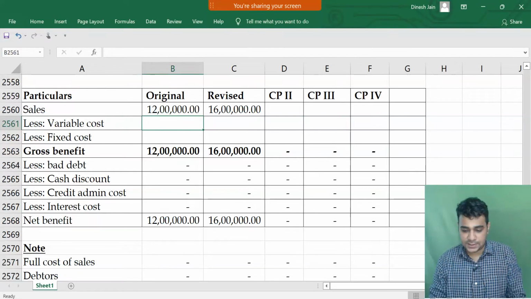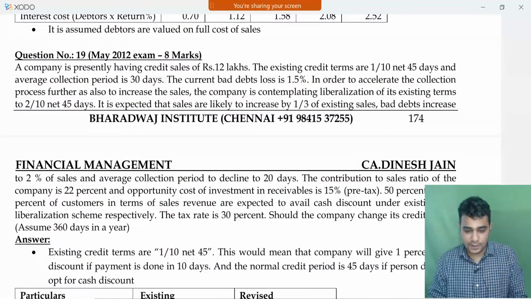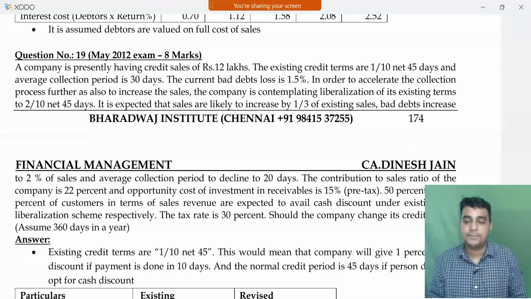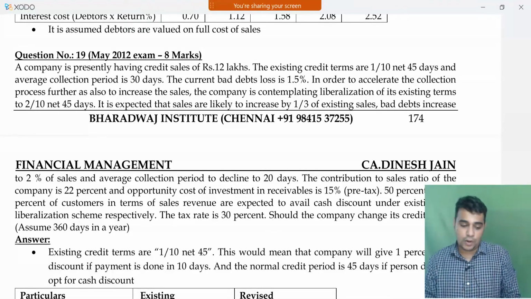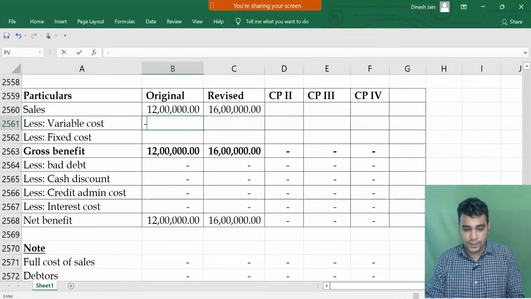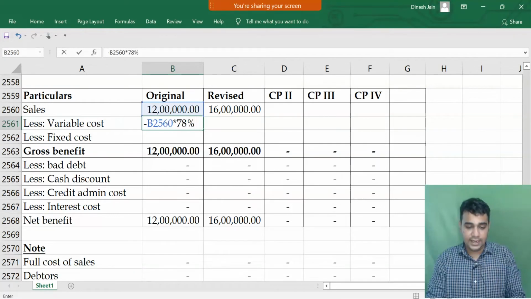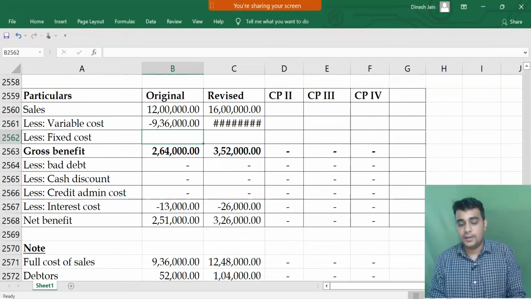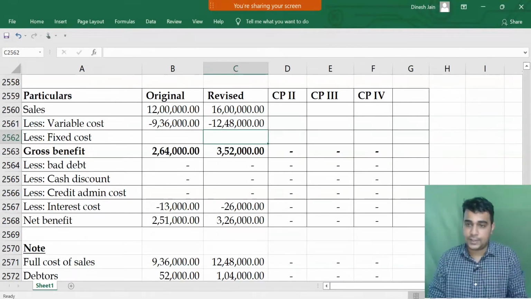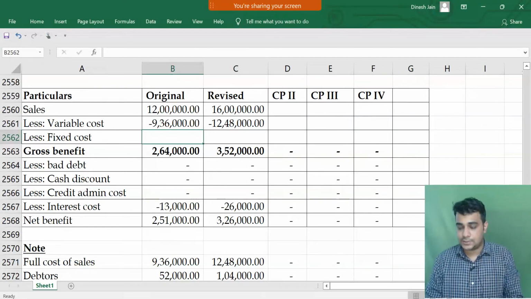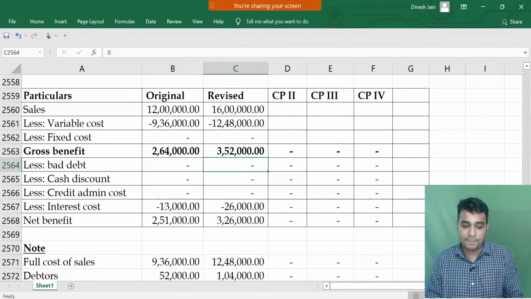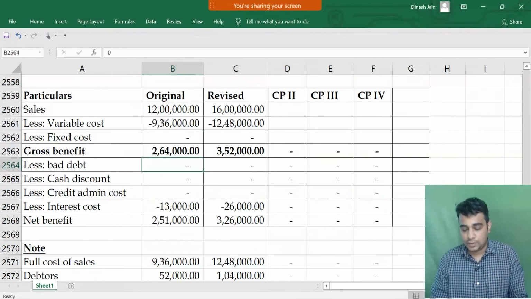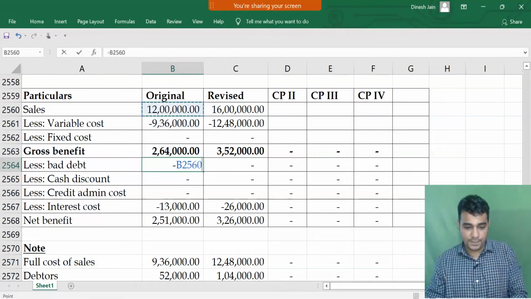Somewhere the variable cost percentage is given in the question in an indirect manner. Contribution is 22%, so variable cost is 78%. Anything on fixed cost? If not there, we take it as 0 and proceed ahead. Anything on fixed cost? No. Anything on bad debt? Okay, 1.5% of sales.